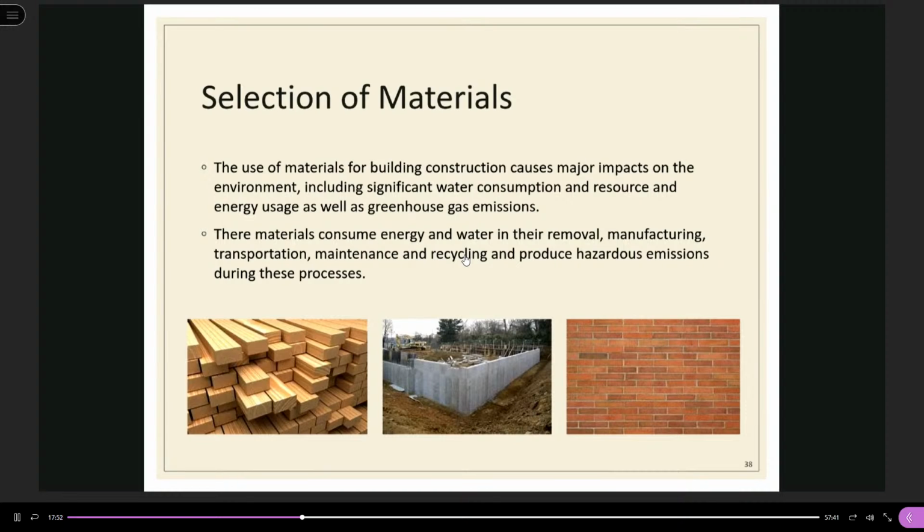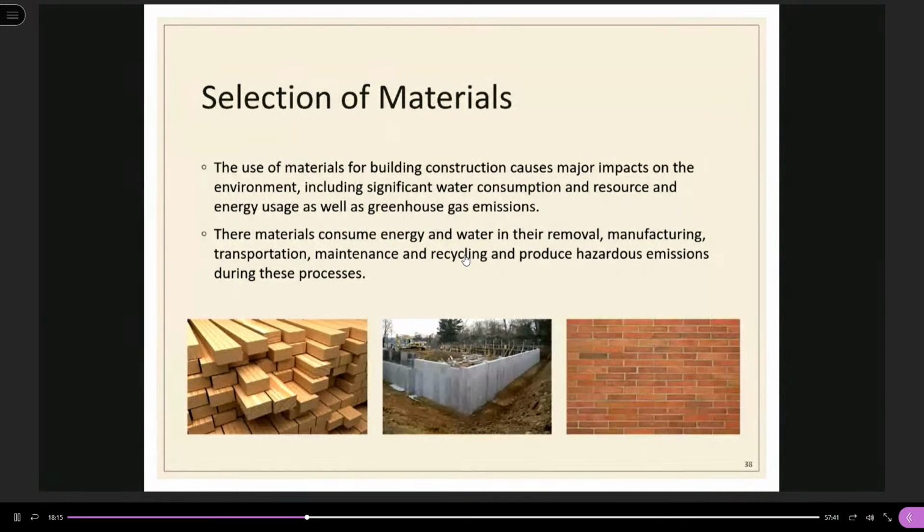includes the material itself, it also includes significant water consumption and resources and energy usage, as well as greenhouse gas emission. So when we need to produce timber, we need to consume energy, water, or other resources.